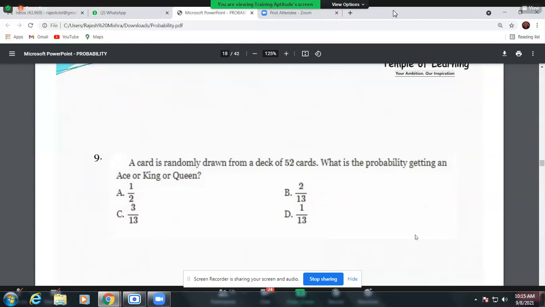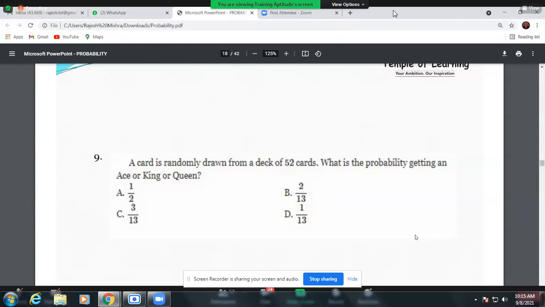A card is randomly drawn from a deck of 52 cards. What is the probability of getting an ace or king or queen? 2 by 13. Whenever you have "or", remember you need to add them.